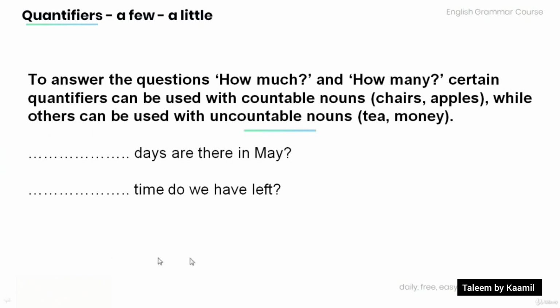Now, have a look at the questions below and fill in the blank with the appropriate beginning of the question. Days are there in May? Time do you have left? How many days are there in May? How much time do we have left?